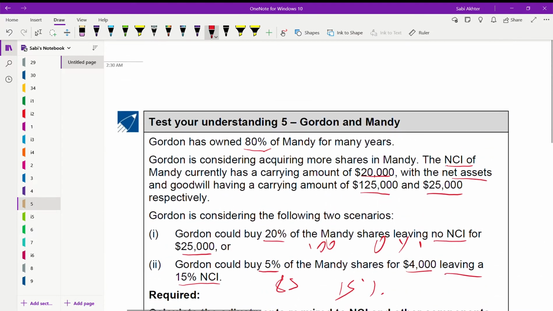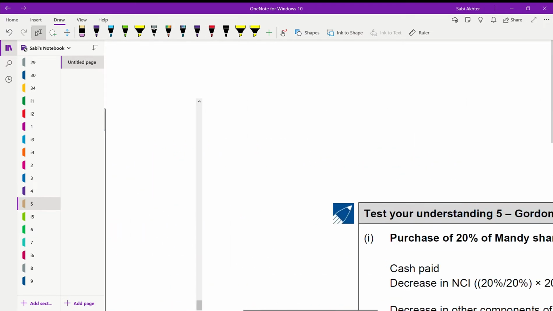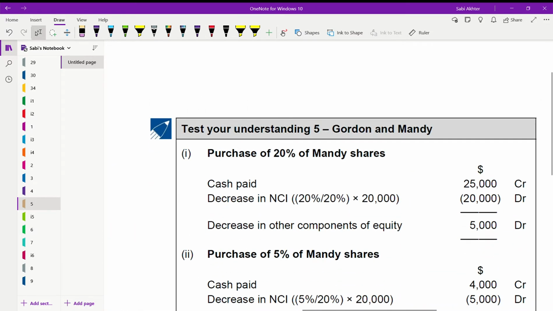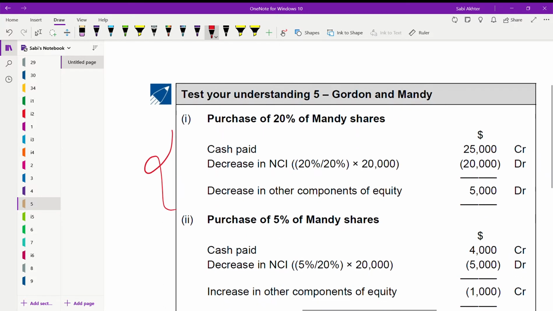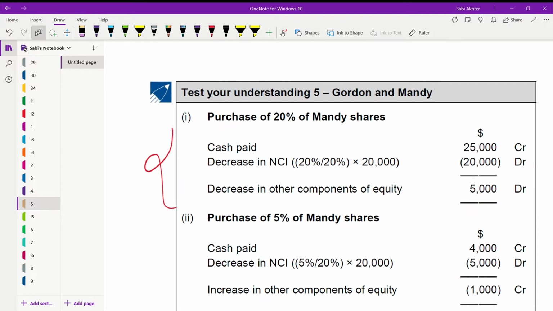Let us go to the calculation for the first. And this is the pro forma again. Okay, you have to memorize it. When there is a change in NCI, when there is no control that is lost, so you have paid cash, that will be credited 25,000. And there's a decrease in NCI. Why? Because earlier NCI was 20%. When you have 80%, now you bought another 20%, NCI reduced. So it will be 20 divided by 20. Decrease in NCI.